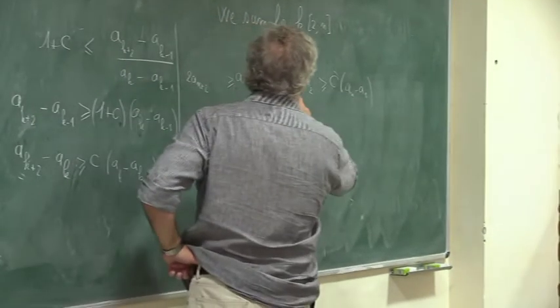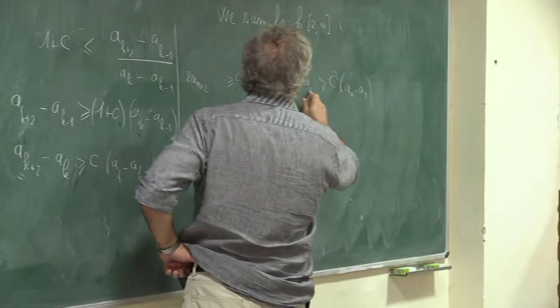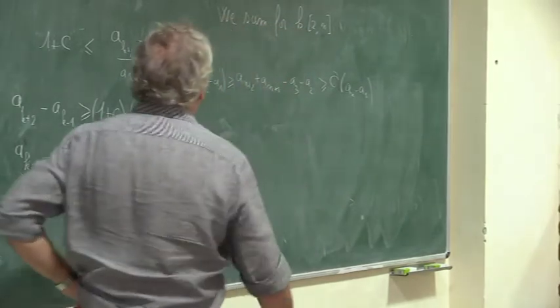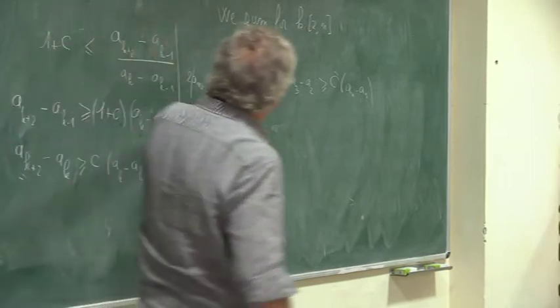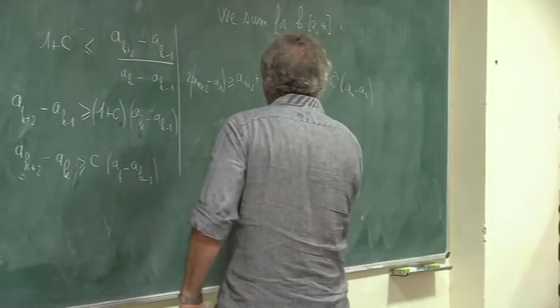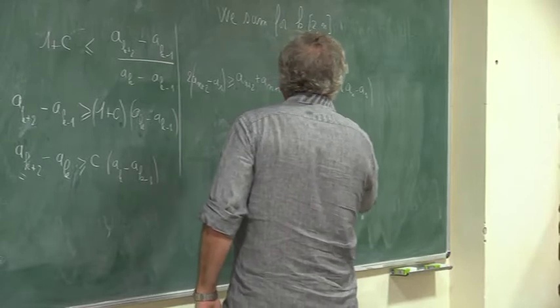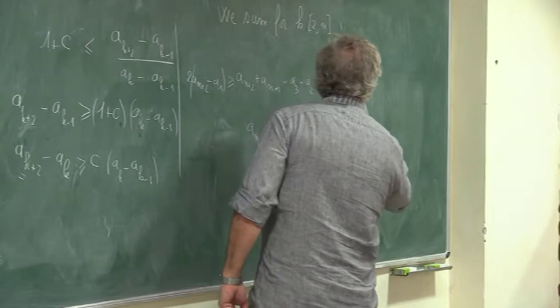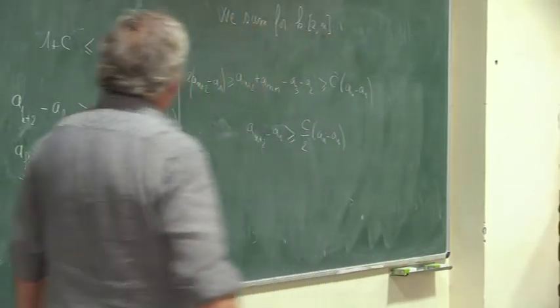And this is greater than A_1, and this is greater than A_1, so minus A_1, like this. So we get the same here. So we finally get 2A_{n+2} minus A_1 greater than C over 2 times A_n minus A_1. Right?